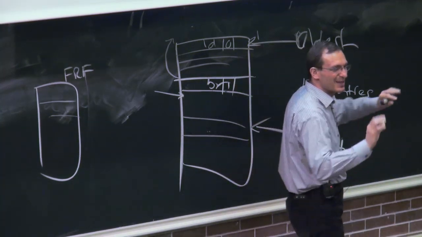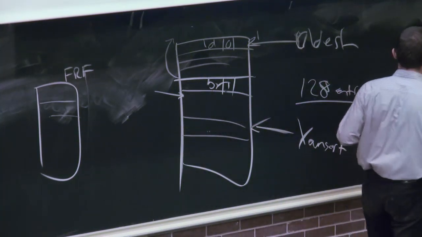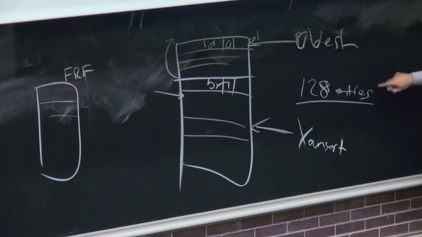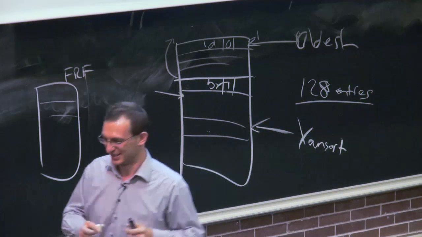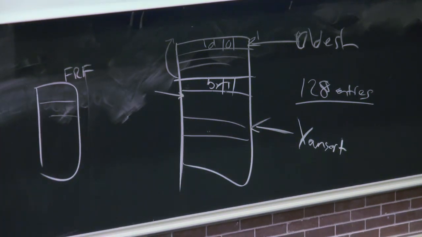I'll let you answer. But the quick answer is basically it had a reorder buffer using the micro operations, and it was able to retire 3 micro operations per cycle. So it stored 3 entries. And 126 is divisible by 3, right? Whereas 128 is not. That's right. OK.